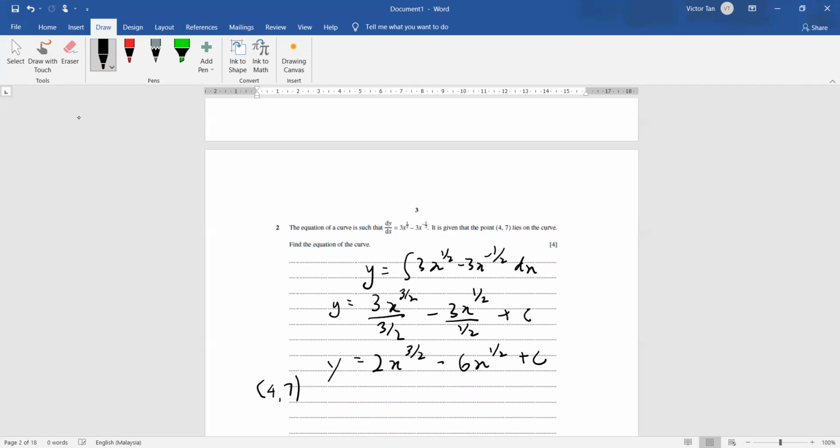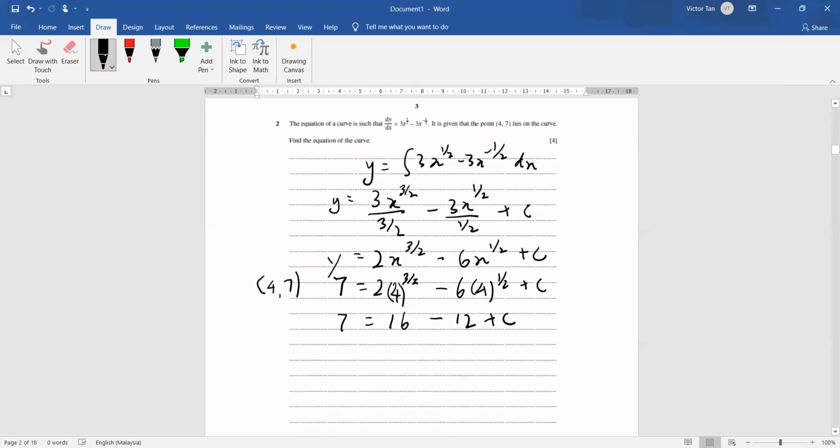Substitute x with 4 and y with 7. 7 equals 2 times 8, 16, minus 6 times 2, 12, plus c. So c is 3. So the equation of the curve is y equals 2x to the power 3 over 2 minus 6x to the power half plus 3.